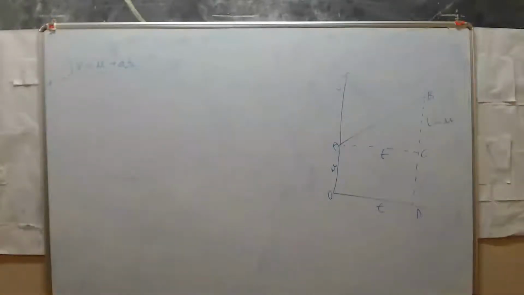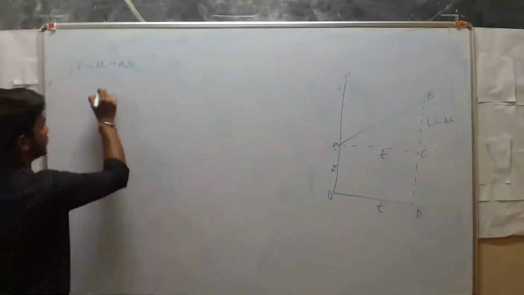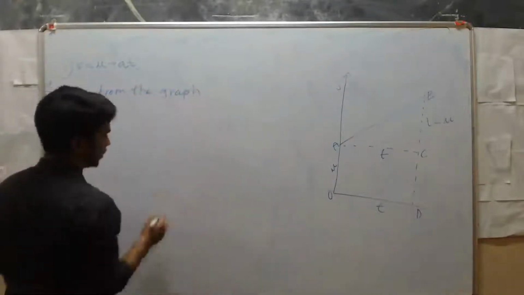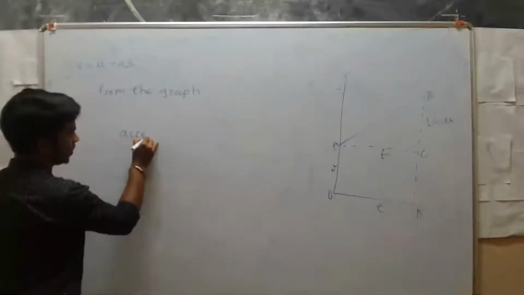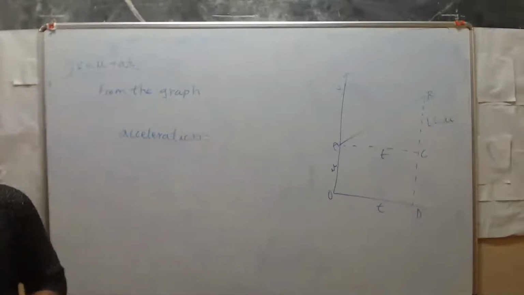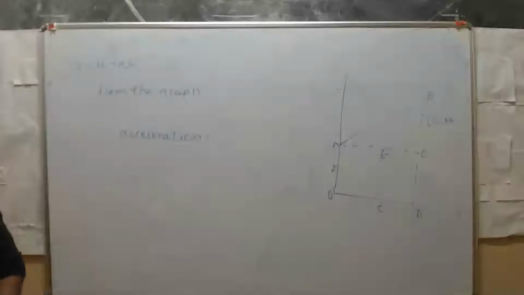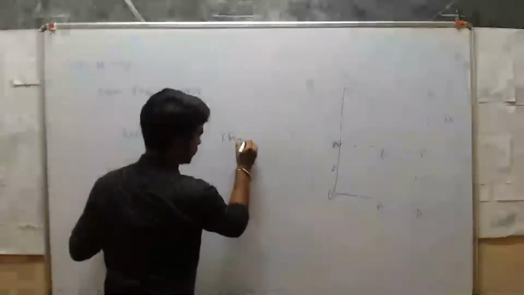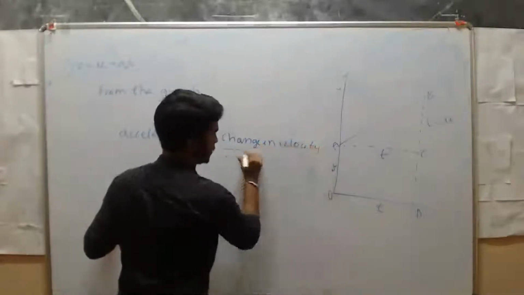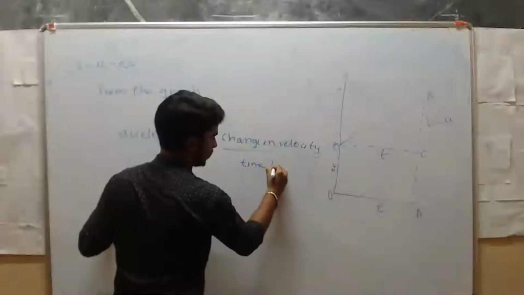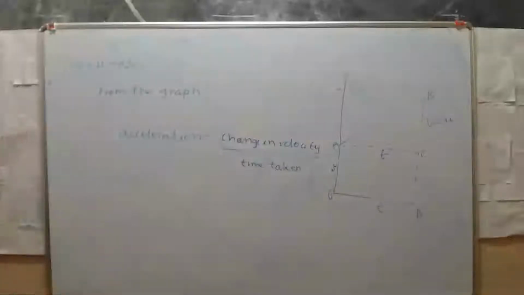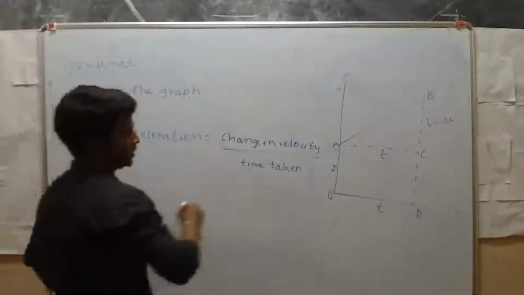Then we know from the graph, acceleration is equal to change in velocity divided by time taken. So what is the change in velocity here?